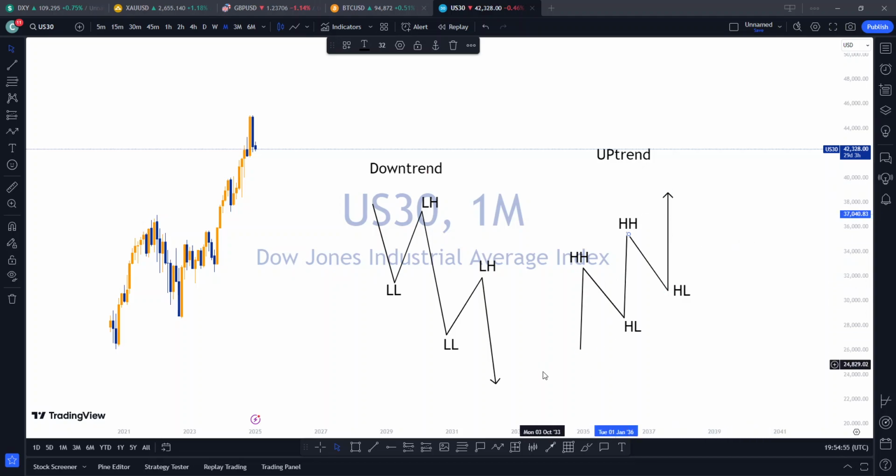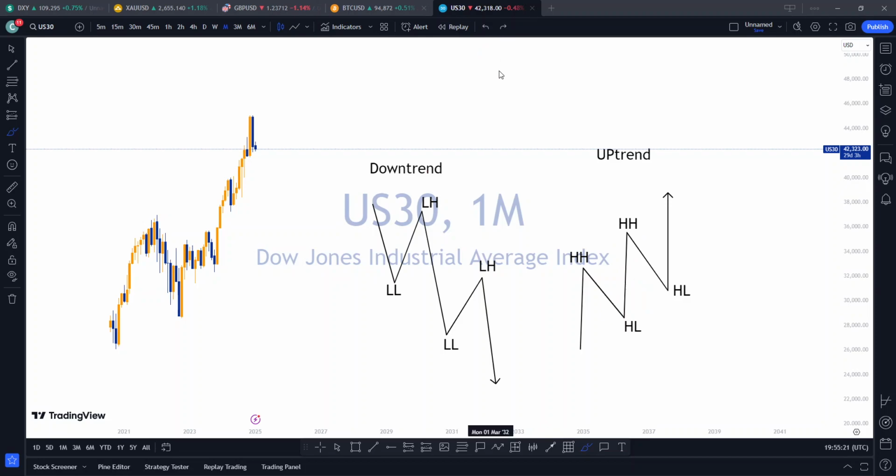How do you know that? Just like I mentioned previously, we have this impulsive move right here. Then we retrace, this is the retracement. Then we can see that the next impulsive move, which is this one right here, broke the previous higher high. That's how you know the market is in an uptrend.